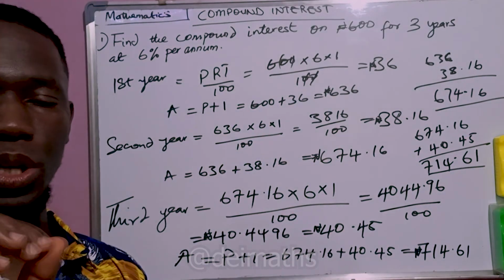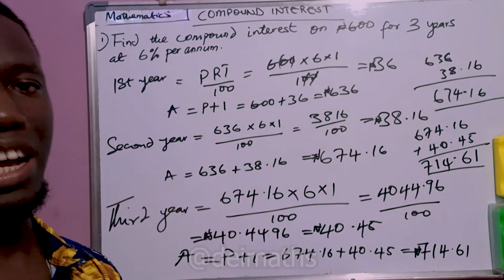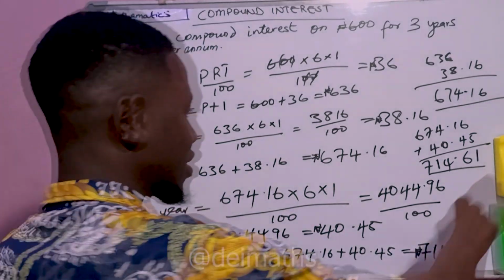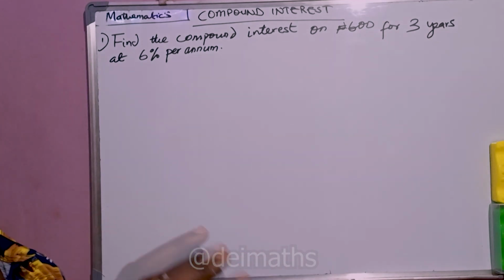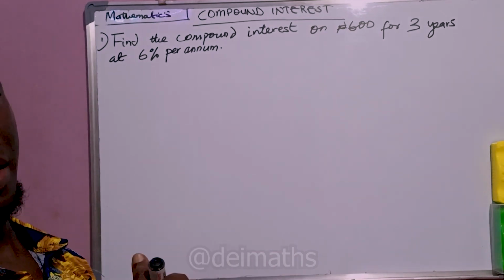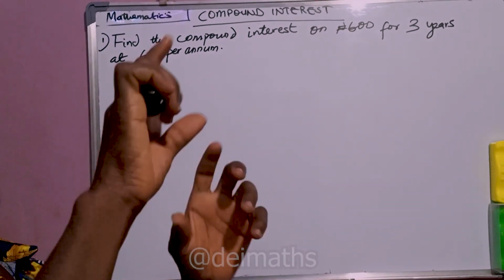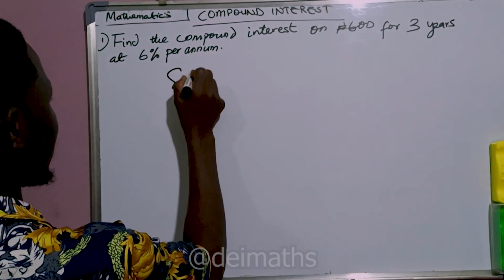Now, I'm going to show you a formula that you can use and you get the answer immediately. Instead of calculating each year's simple interest, and adding the interest to the capital to make up the amount for the second year, we have a formula for it.